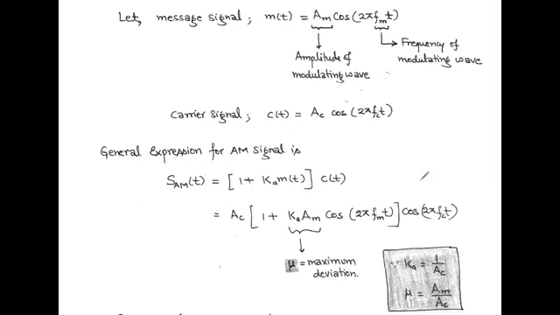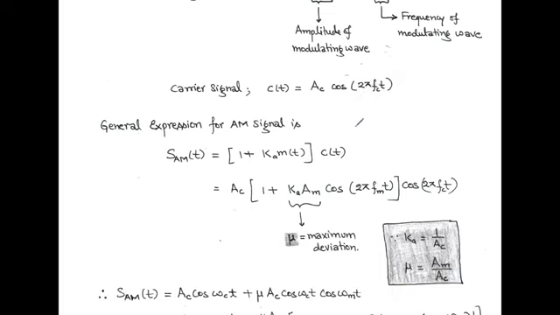For the modulation purpose, we require a carrier signal, that is a high frequency signal. It is also a sinusoidal one, so we call it c(t), and its value is A_c cos 2 pi f_c t. Here again A_c is called the amplitude of the carrier signal, and f_c is called the frequency of the carrier wave or signal.